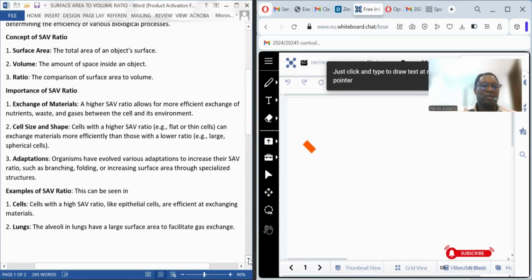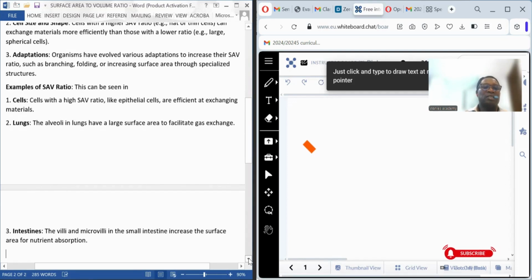So let's see some examples of surface area to volume ratios in living organisms. Now, cells with a higher surface area, like the epithelial cells, cells that cover the skin, both the internal and external organs, are known as epithelial cells. If the cell has a high surface area to volume ratio, it makes it more efficient for the exchange of materials.